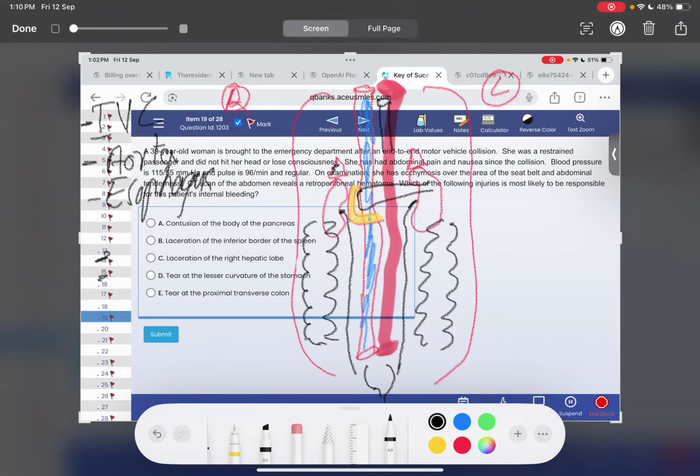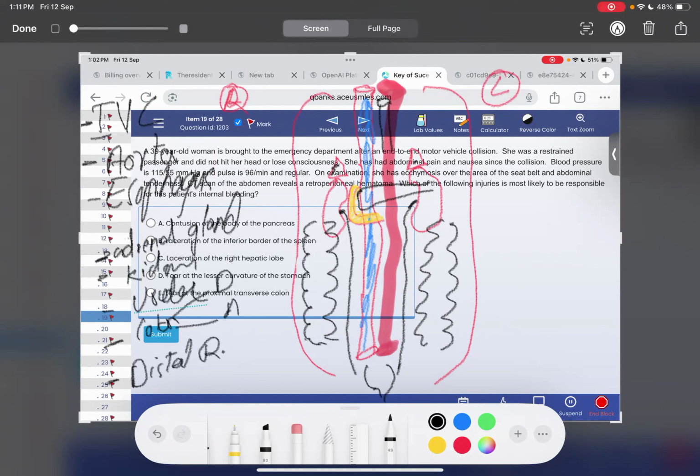And what are these structures? Adrenal glands, kidneys, ureter, colon, that is descending and ascending colon, distal rectum.